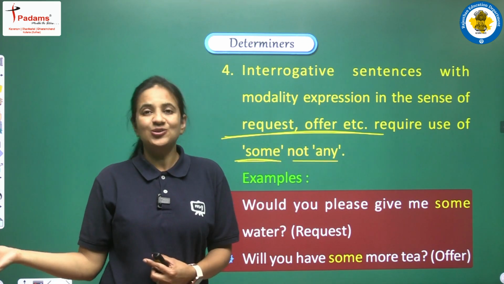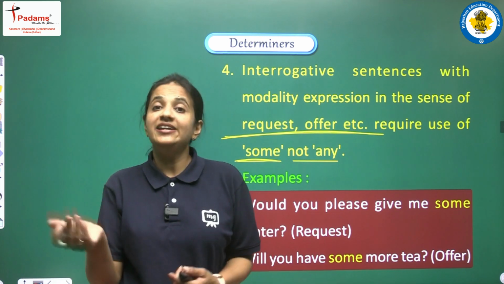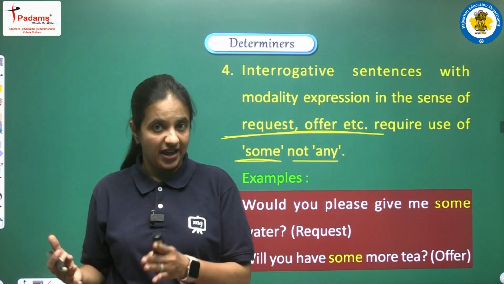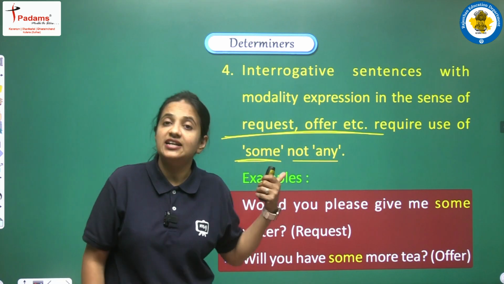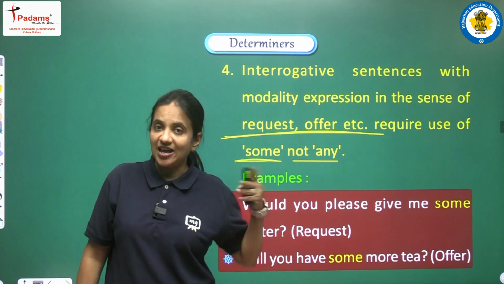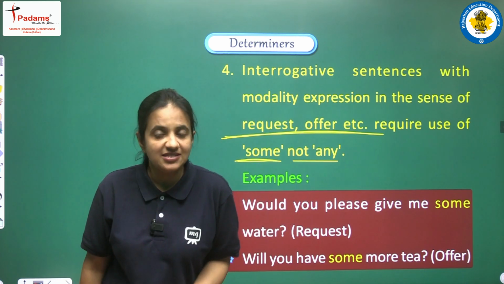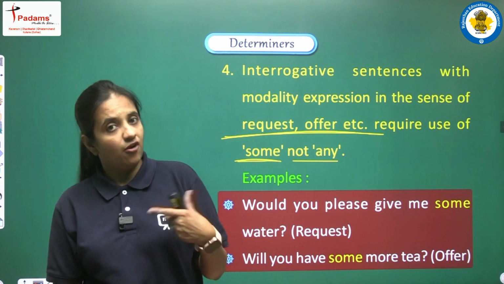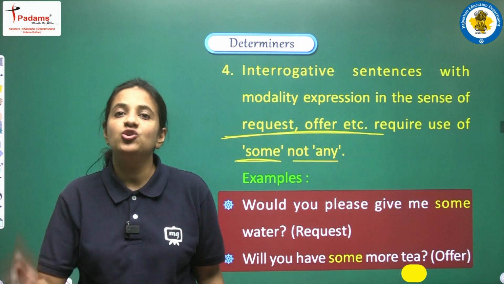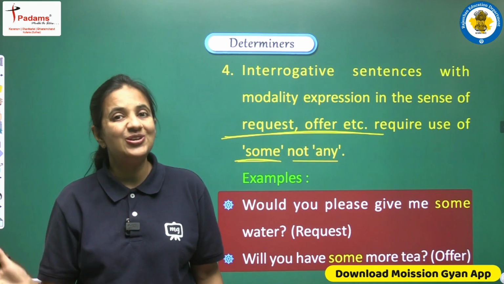Yes, according to the rules that we have discussed earlier, in interrogative sentences we have to use any, but this is one of the exceptions: if in an interrogative sentence we are having the sense of request, or we are offering something, then we have to use some, we cannot use any.